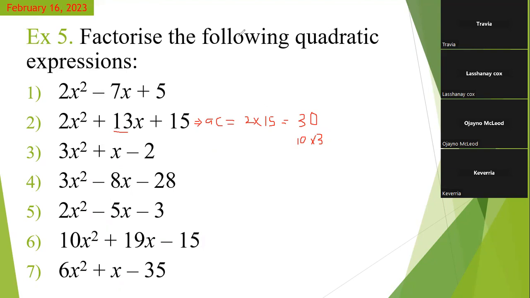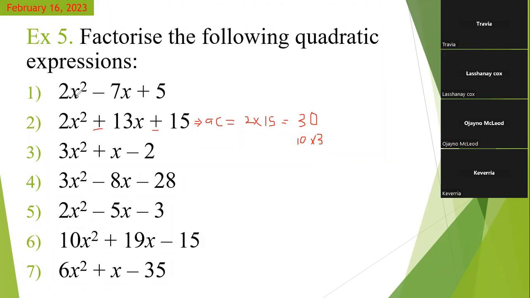All right. So the key thing here is if you look at the sign of the last term, you have a positive value. That tells you that the two factors can either be two positive or two negative. In this case, when we look at the middle term, it is positive, so that indicates that the two factors are positive.